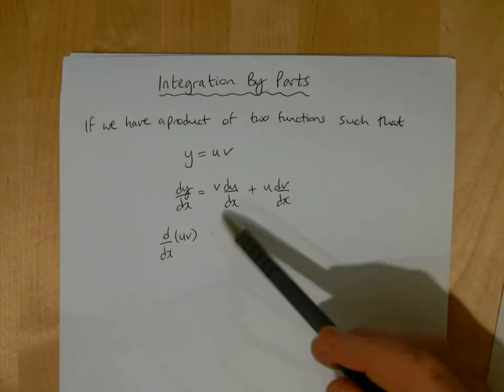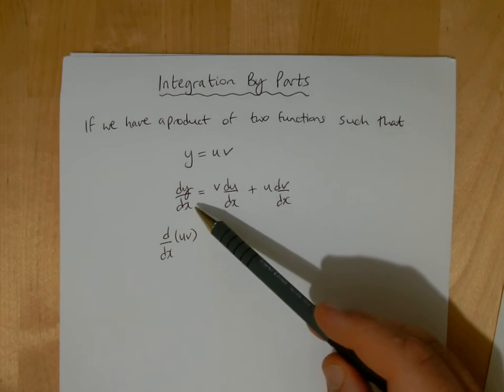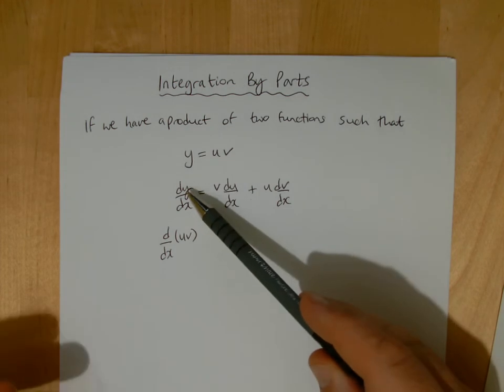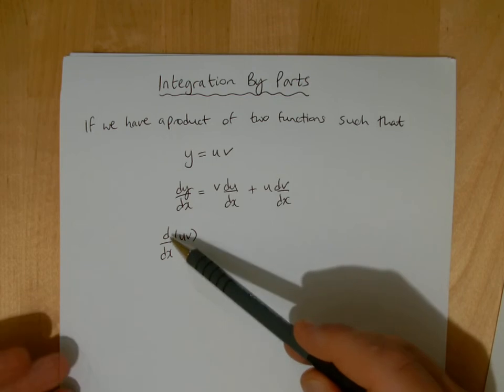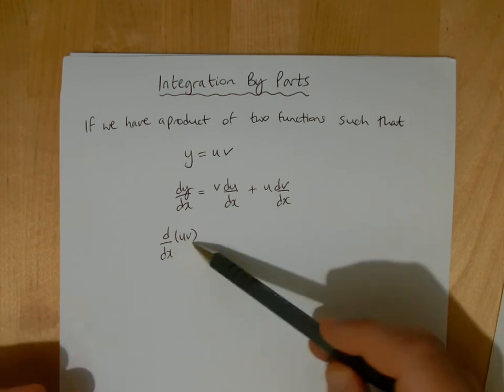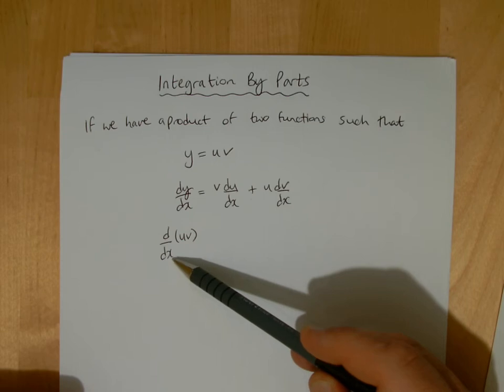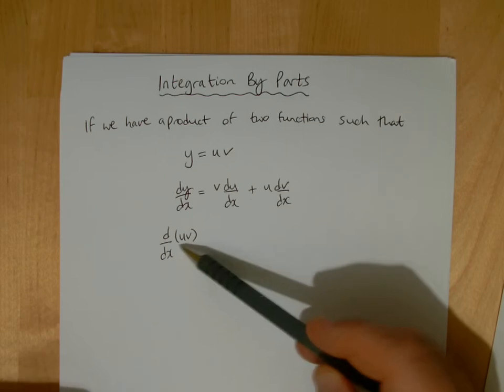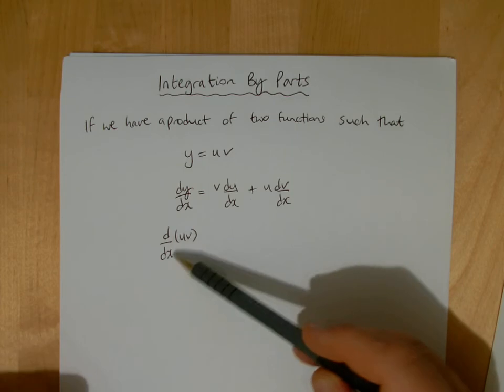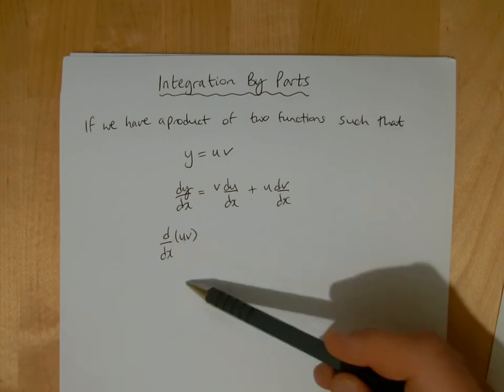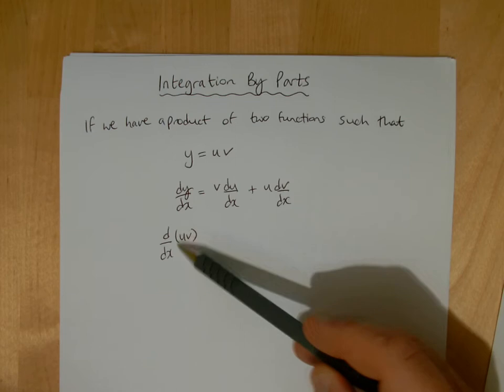Instead of saying dy by dx, differentiating y with respect to x, I can say I'm going to differentiate uv with respect to x, because that's what y is, isn't it? It's equal to uv.